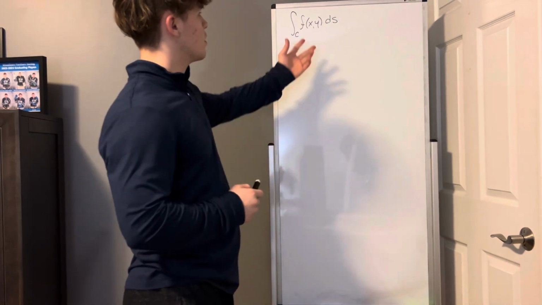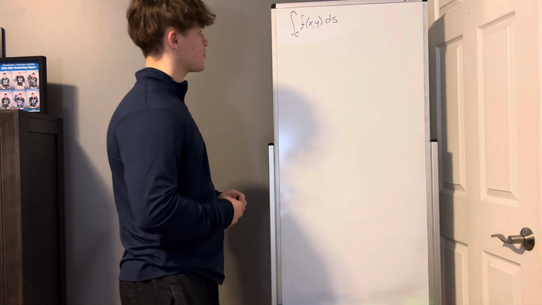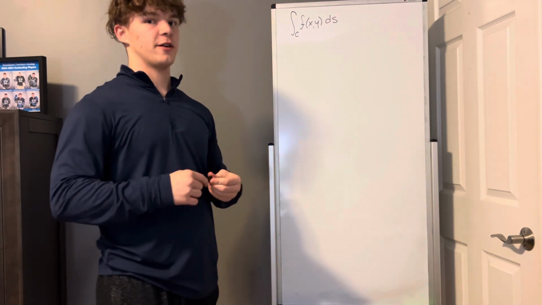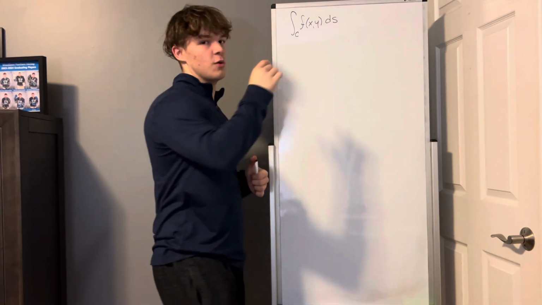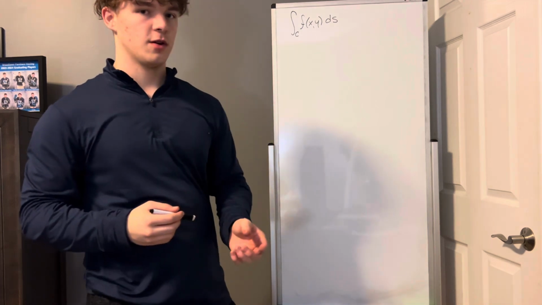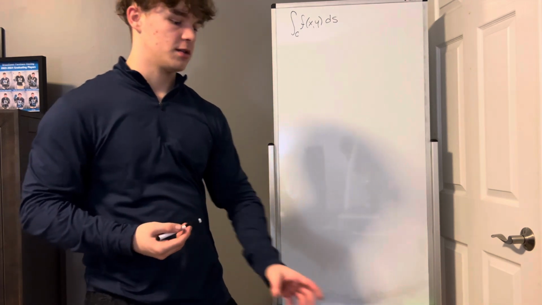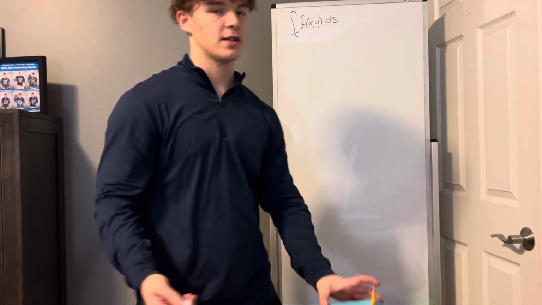And so we're evaluating, like I said, over our function of x, y, because it's a function in 3D space, and we're integrating with respect to arc length. And the reason we're integrating with respect to arc length is, well, because we have a curve and not just a straight line along the y or x axis.